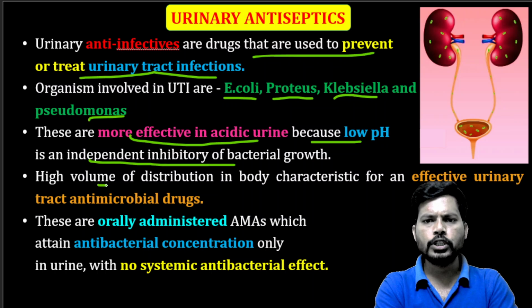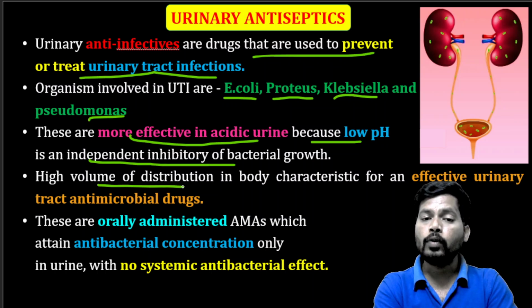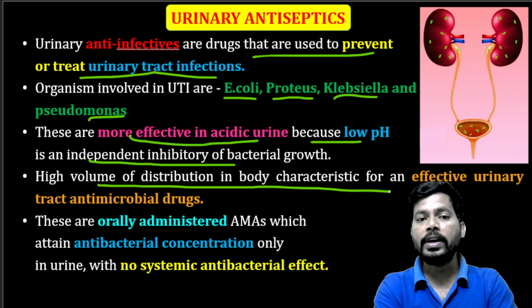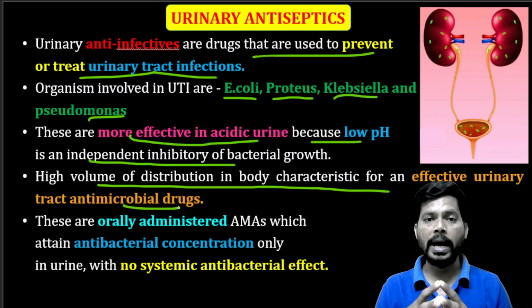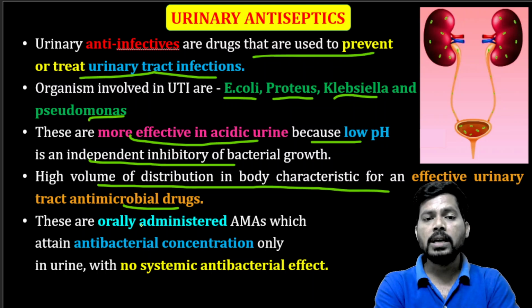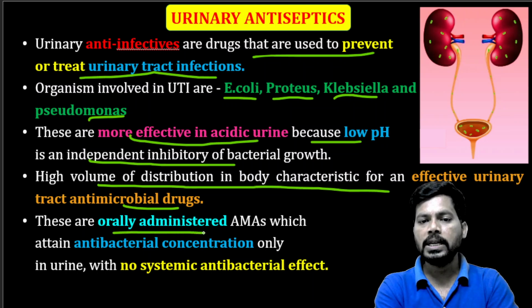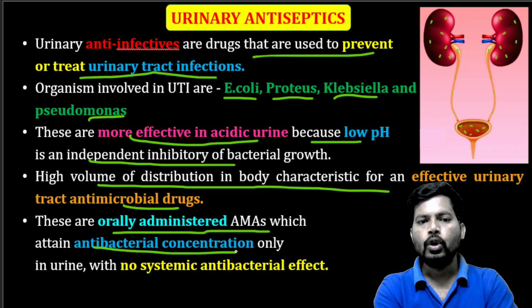A high volume of distribution in the body is a characteristic of an effective antimicrobial drug. An antimicrobial drug, to show action, should be effectively distributed throughout the body. But these drugs are orally administered antimicrobial agents that attain antibacterial concentration only in urine, with no systemic antibacterial effect.